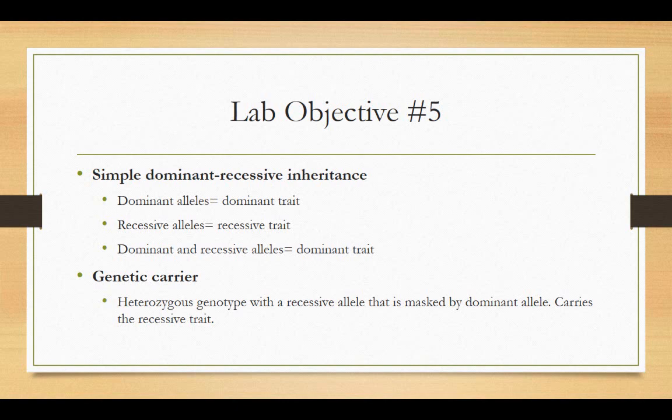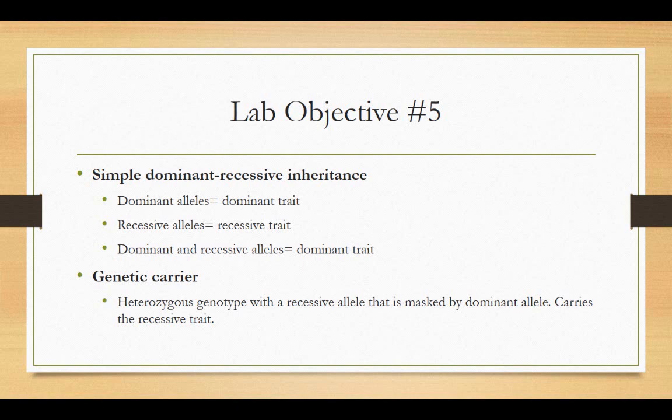Okay, so now we look at some simple dominant recessive inheritance. If both alleles are dominant, then the dominant trait is expressed. If both of the alleles are recessive, then it would be a recessive trait.